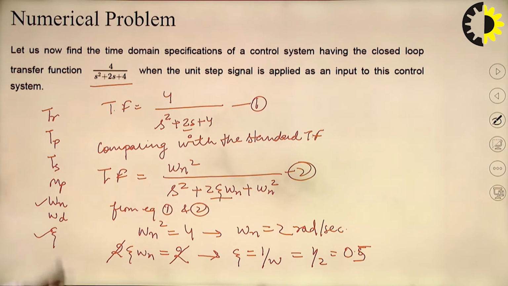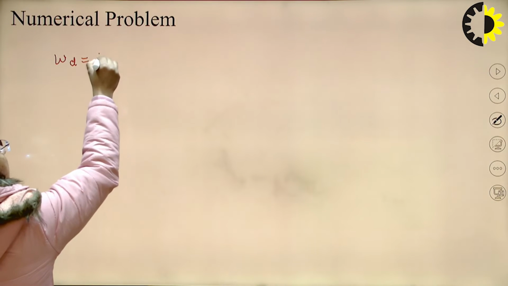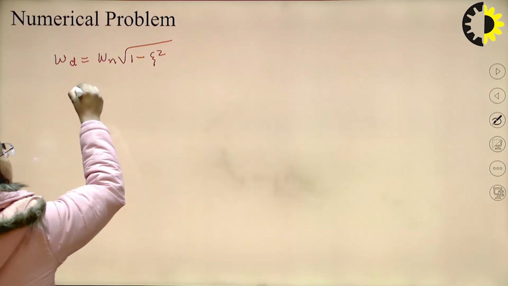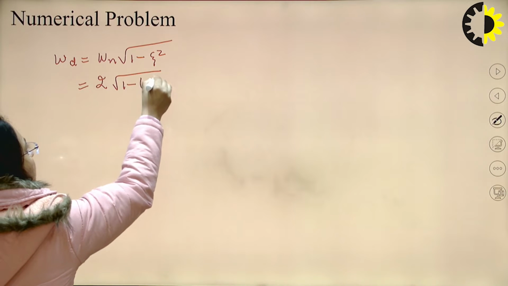Now we can calculate the value of omega d. Omega d will be equal to omega n under the root 1 minus zeta square. So omega n we have 2 and this is 1 minus 0.5 whole square.